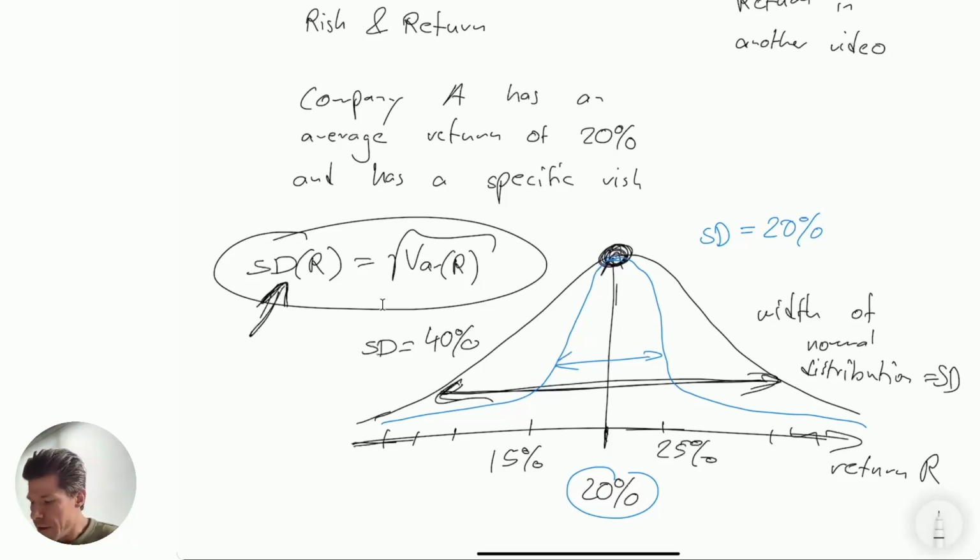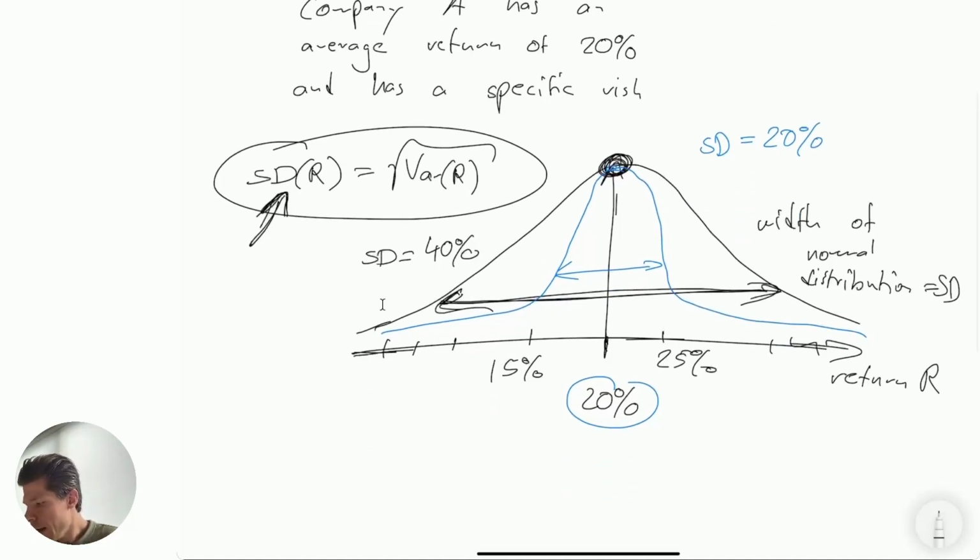Variance would be a different magnitude, percentage squared, which would give you a very small number with a lot of zeros in decimals. So use standard deviation and look at risk more from a volatility perspective.